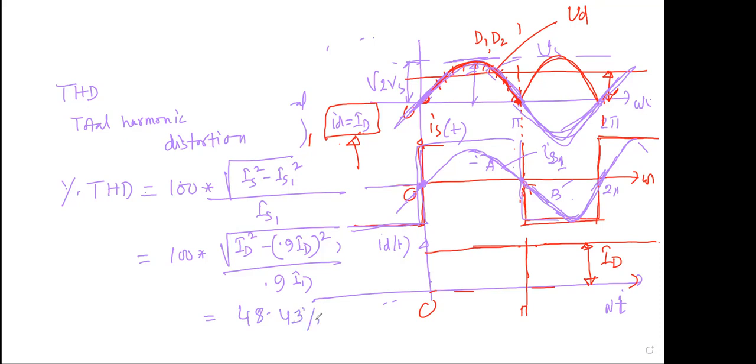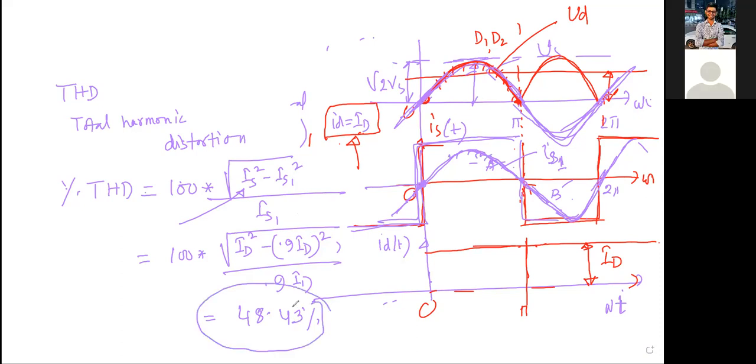So this is the total value of your input current, and you have squared it, and this is the fundamental value of your input current, sinusoidal. Take the RMS value, square it and negate it, take the root and divide it by the fundamental component, and you will get the result, and it is 48.43%. That means we have distorted our value. This part is also known as the distorted part, the I distortion.